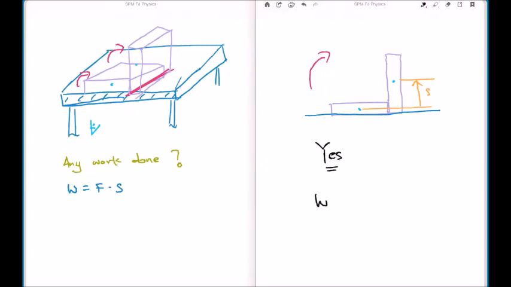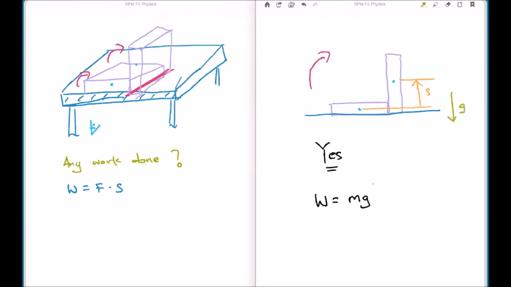Therefore, my work done would be, force is actually mg for this case, because of the mass of the book and also the gravitational g. It doesn't need cos theta because the weight of the book is downwards, right?